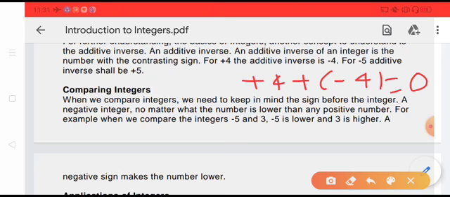It means the addition of two additive inverses is 0. मतलब ये है कि किसी भी number को ऐसे नंबर से ऐड करना जिससे उसका आंसर 0 आ जाए, वो उस नंबर का additive inverse होगा.